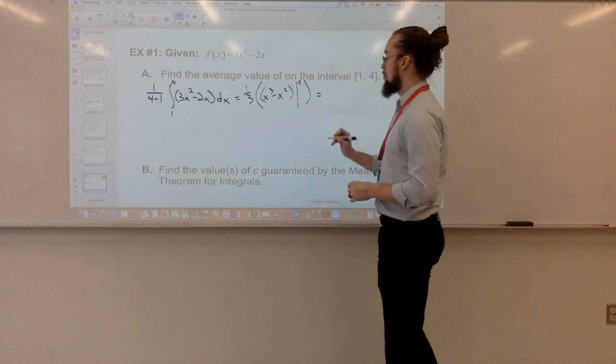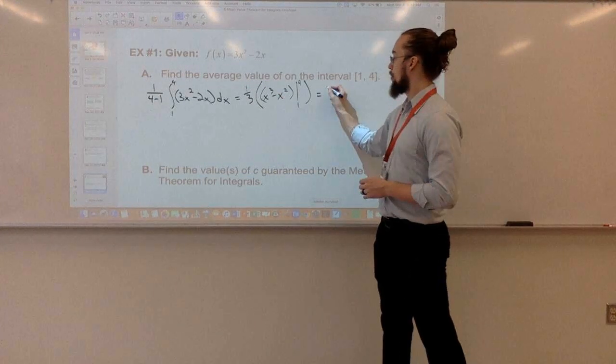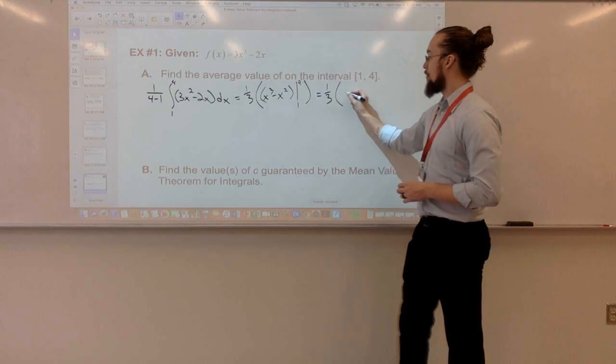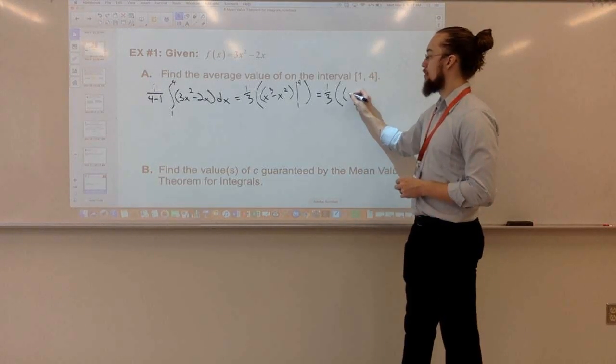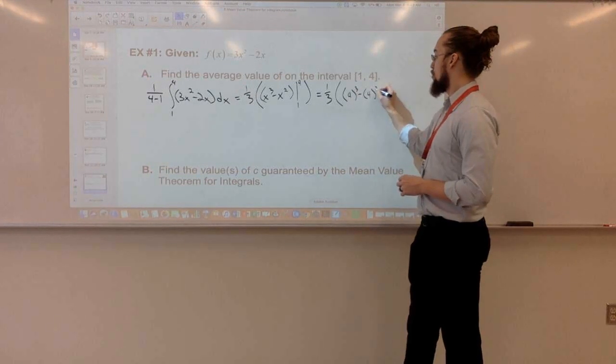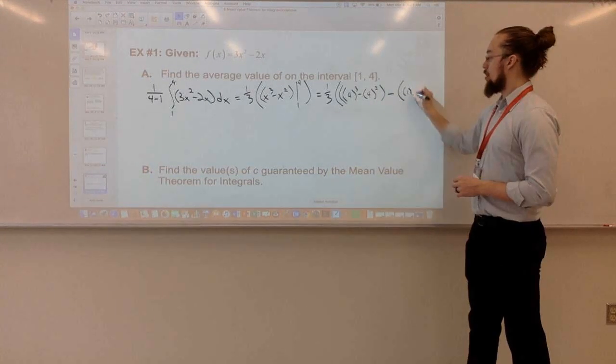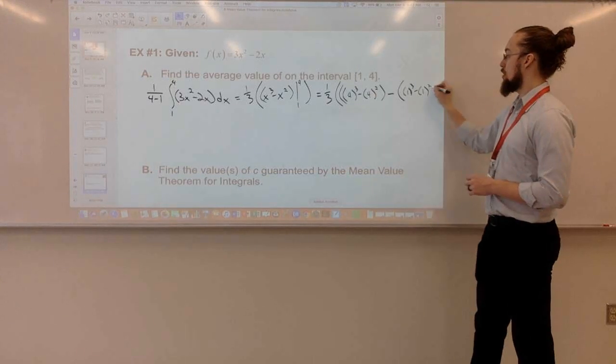So what that means is I'm going to plug in 4 into this. That 1/3 is still going to be out in front of all of this. So I'll have 4 cubed minus 4 squared, minus 1 cubed minus 1 squared.